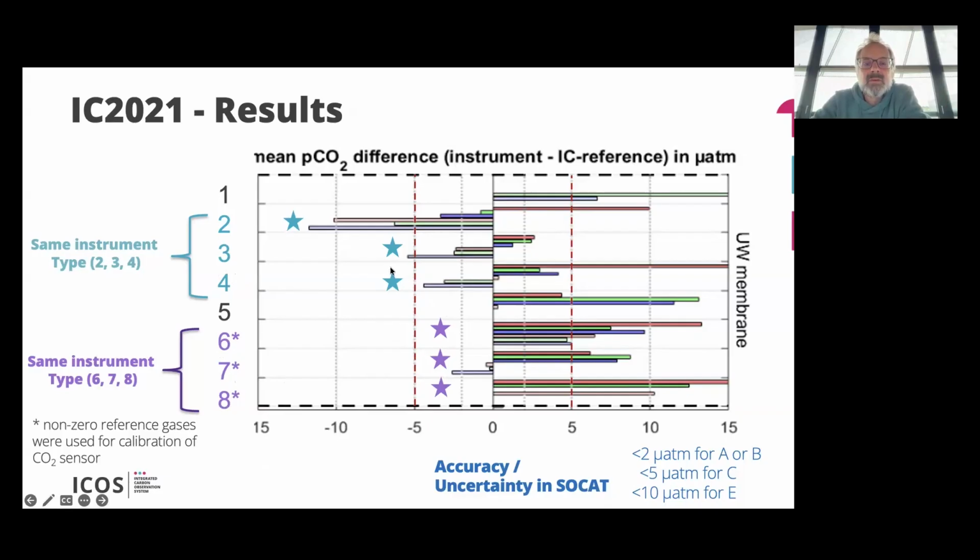You see that even within the groups of the same instruments, they do not always agree in the same direction. This was the reason why SOCAT decided, as long as we do not have an objective measure, they will not receive a flag C, but E. So this intercomparison can have an impact. This might sound like a negative impact, but I guess it is also a good motivator to understand better the instruments we have, and it was a good exercise to point this progress out.